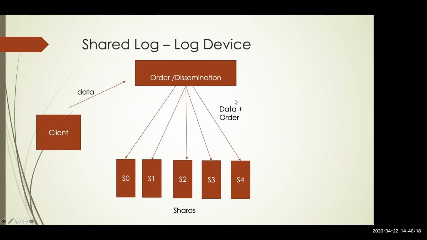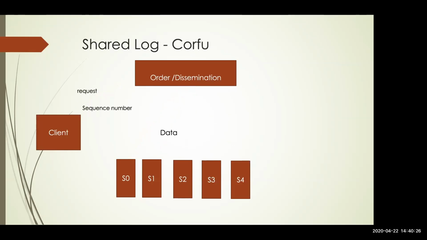To correct this, there came another improvement, the state of the art, Corfu. How Corfu corrects the bottleneck is that first the client sends the request to the ordering layer.